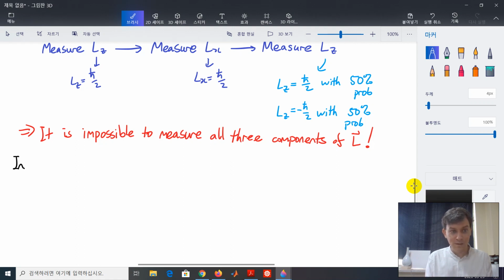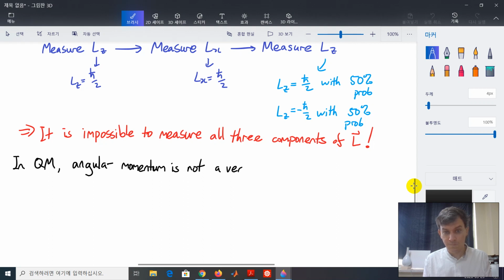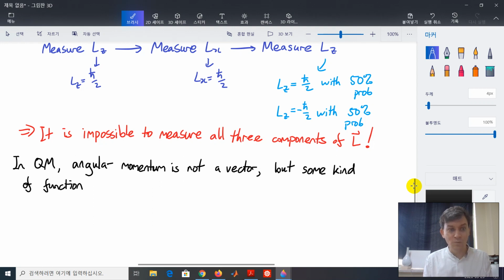In quantum mechanics, angular momentum is not a vector, but it's some kind of function, and again I can't go into details. And what this function does is tell you the probability that a particular measurement will have a particular value.